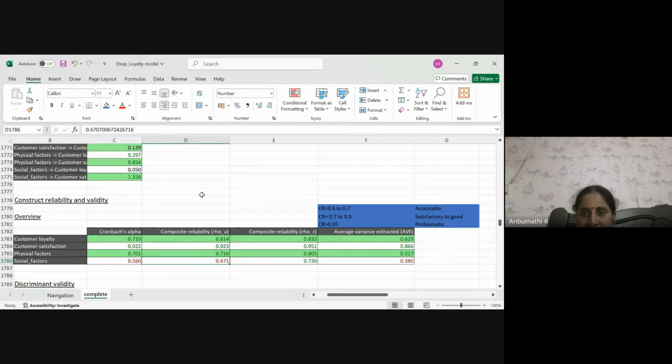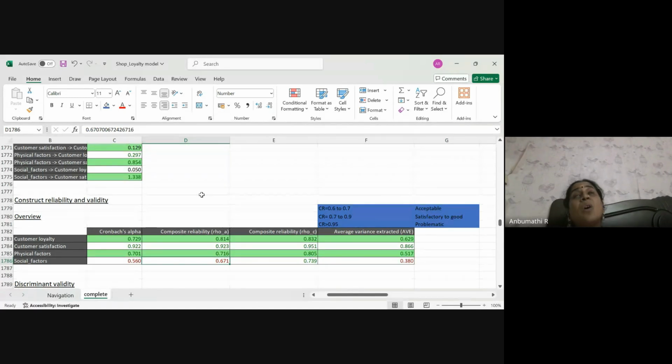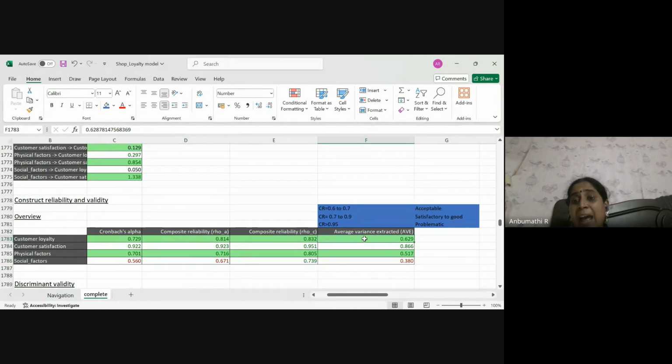First we have seen factor loading. Second, we have seen construct composite reliability. Third, we need to see convergent validity. Convergent validity is established through the average variance extracted.